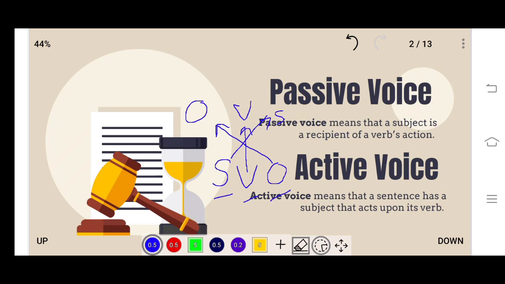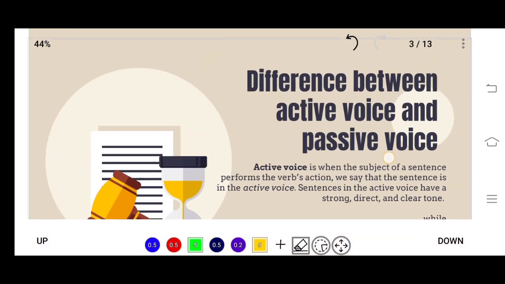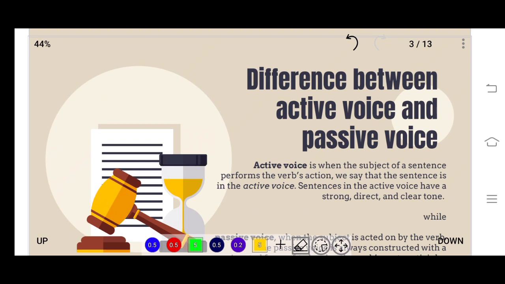Alright, so next one. Okay, what is the difference between active voice and passive voice? Active voice is when the subject of a sentence performs the verb's action. We say that the sentence is in the active voice. Sentences in the active voice have a strong, direct, and clear tone.